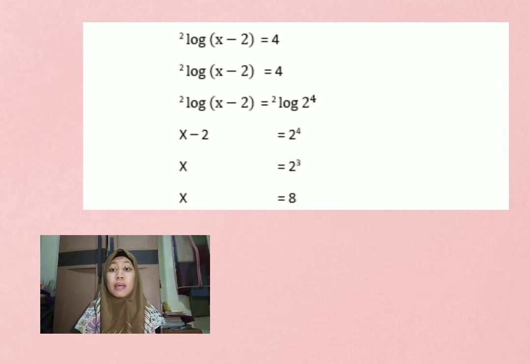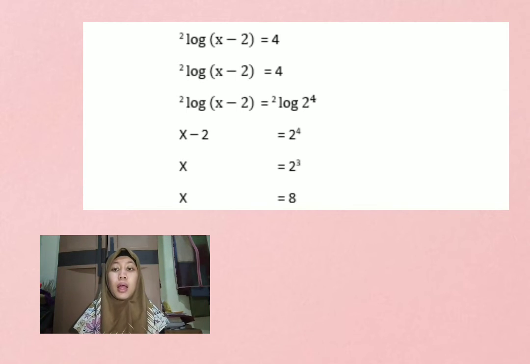The last question, number 5, about logarithm. Log x minus 2 in parentheses to the base of 2 equals 4. It is like number 1, we find the value of x.